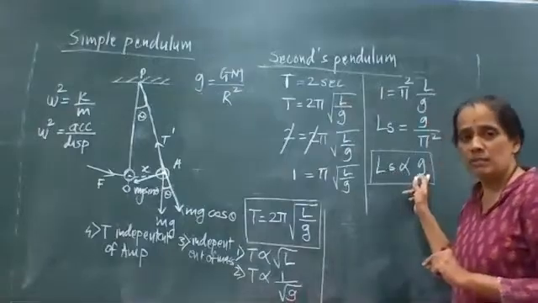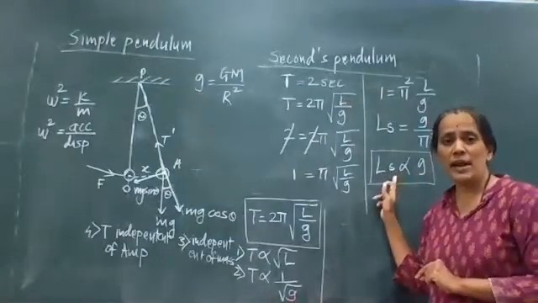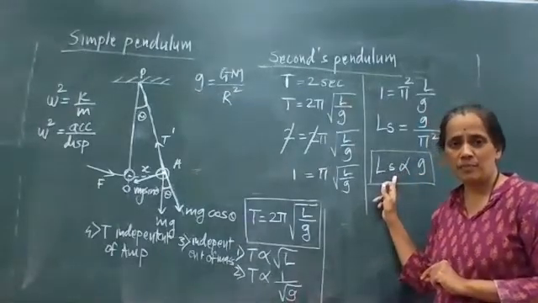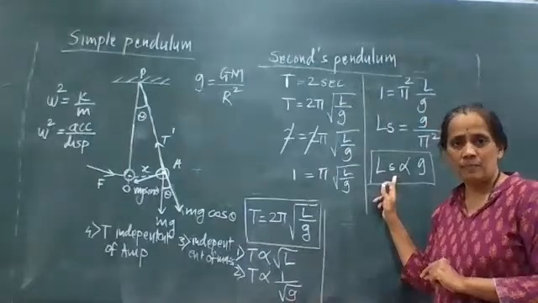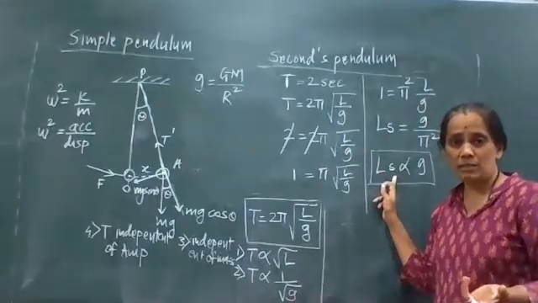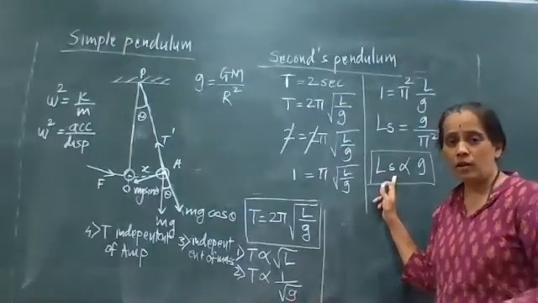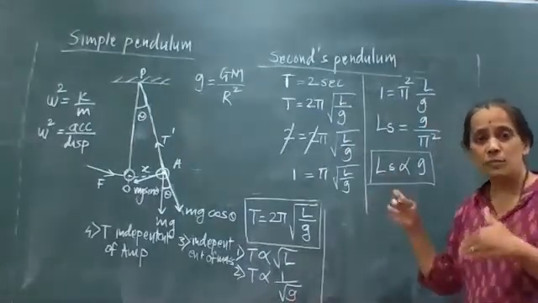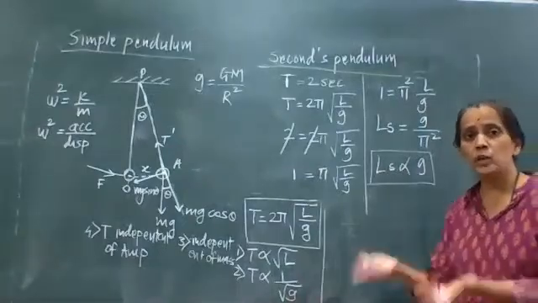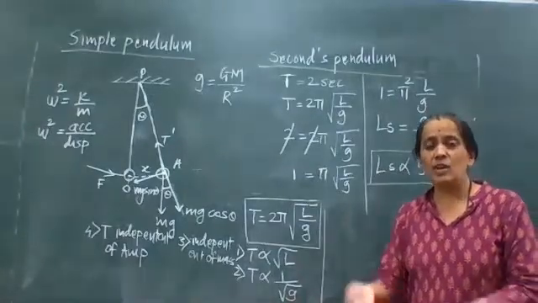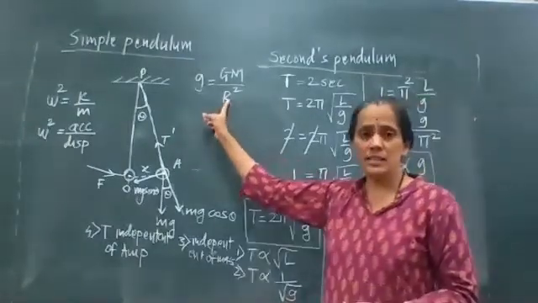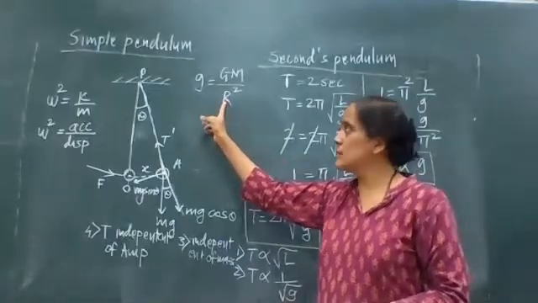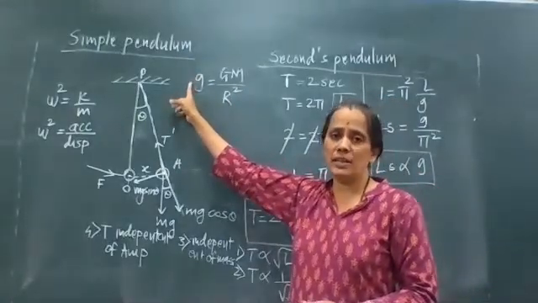If g value is minimum, then the length of the second pendulum at the equator is minimum. So just remember this concept, that along the equator, the length of the second pendulum is minimum as compared to the pole. Because along the pole, the radius is minimum. Radius is minimum means g value is maximum.